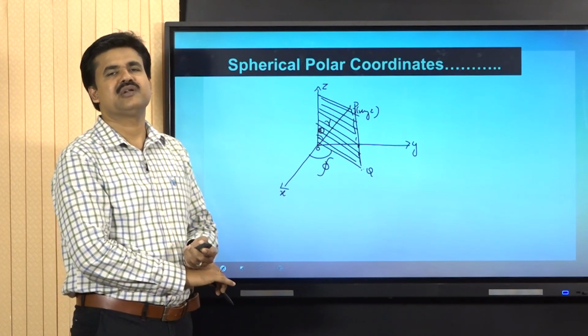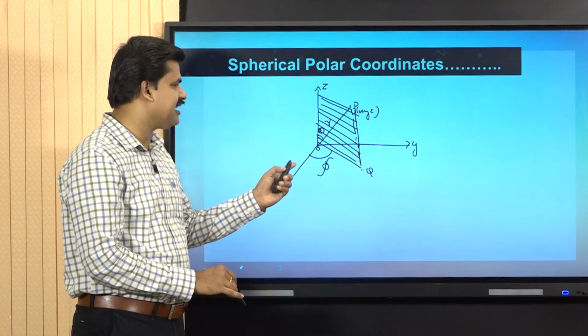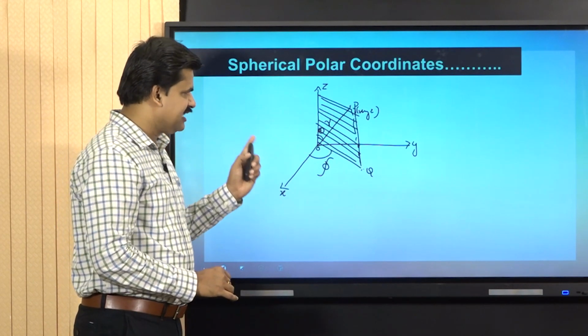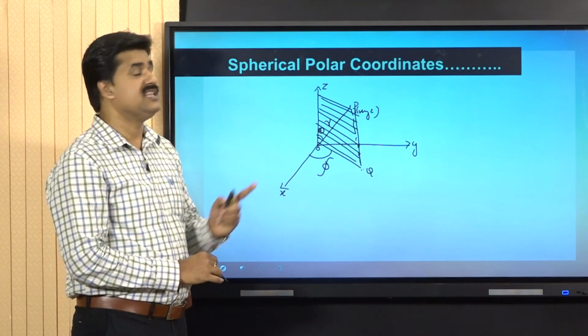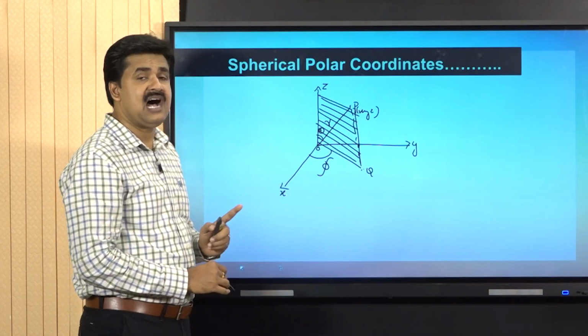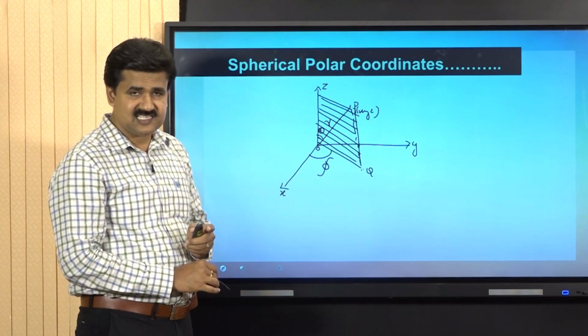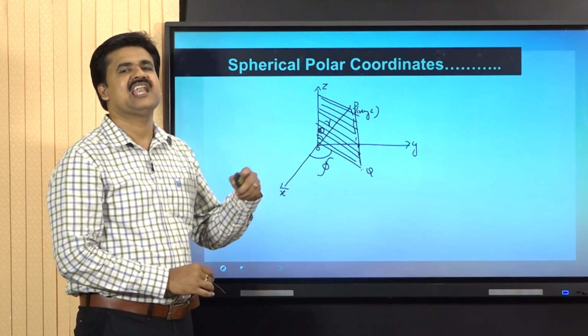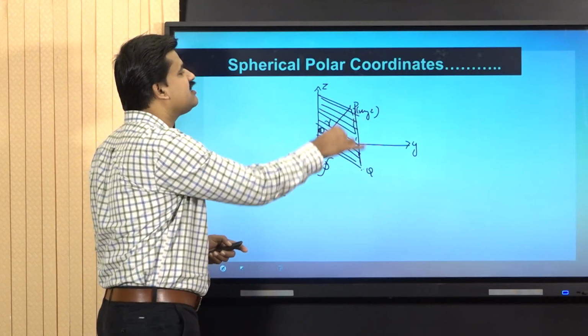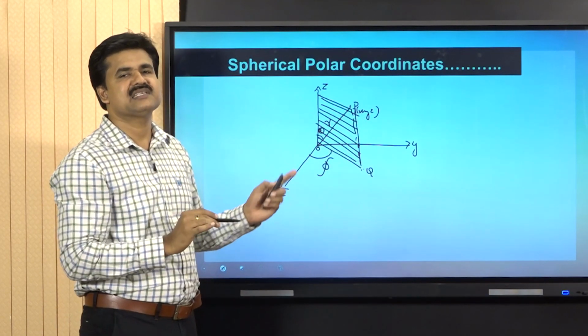Therefore, we got three variables described like this. The distance from the origin to the point P is taken as r. The angle between the line r and the z-axis is taken as theta, and the angle between the x-axis and the plane containing the z-axis and the line PQ is termed as phi.